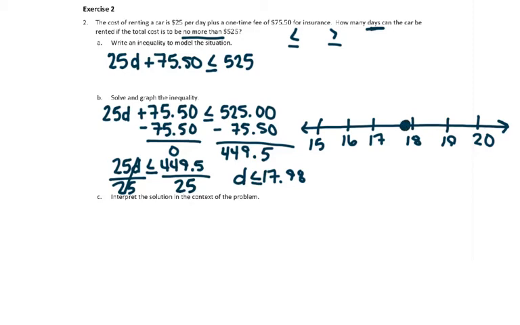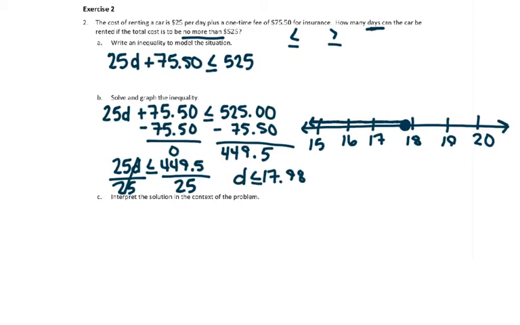So I'm going to put a closed circle at just less than 18. And since I'm saying less than or equal to, I'm going to draw my arrow toward the left side of my graph to show that it's less than. So we've got that closed circle that shows equal to, and then we have our arrow that's showing less than or equal to. All right, so there's our graph of our inequality.